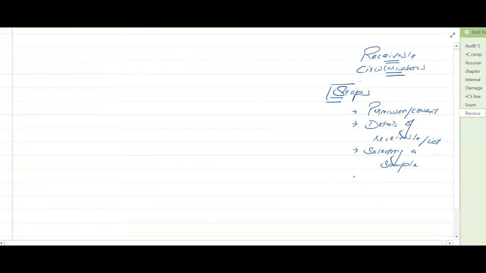Once you have selected the sample, the next step is that you will be preparing the letters. And there should be initials and signatures of the management on those letters. And then these letters will be posted, or these letters will be sent.